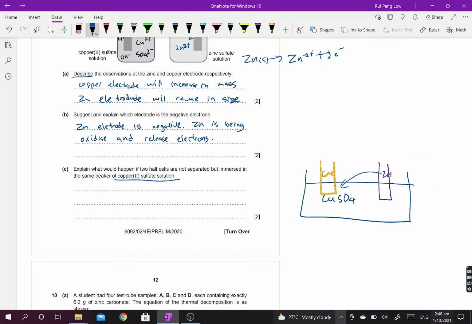In this case, zinc will displace copper, and copper will be produced.